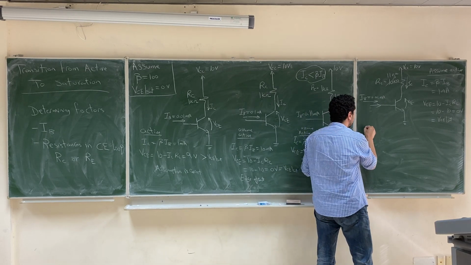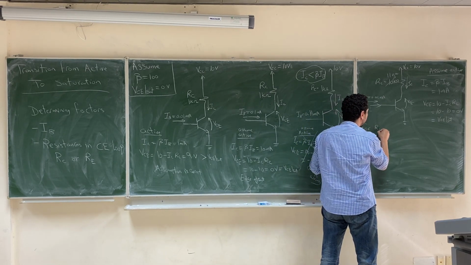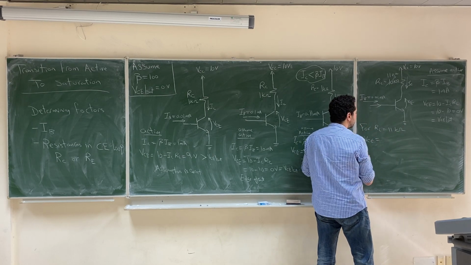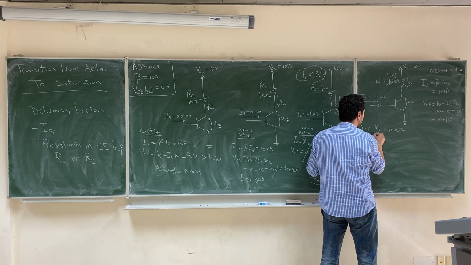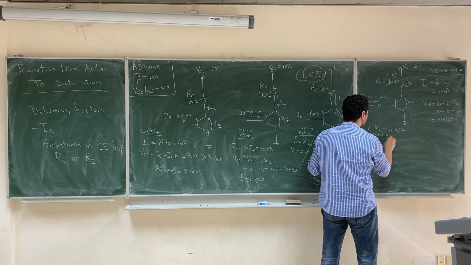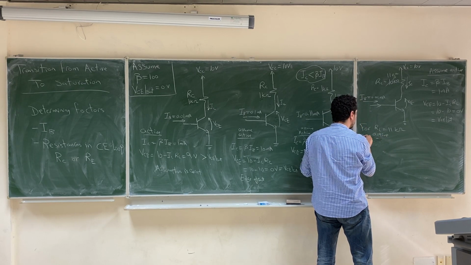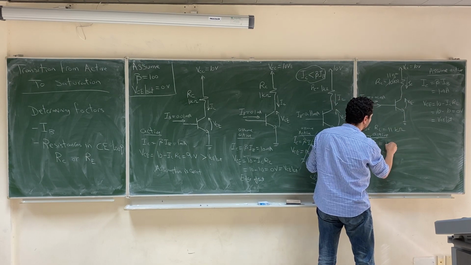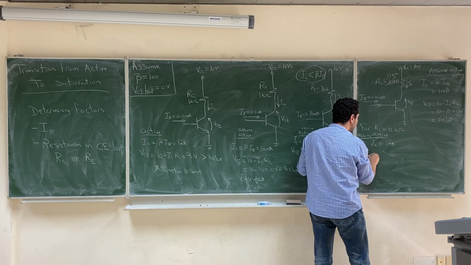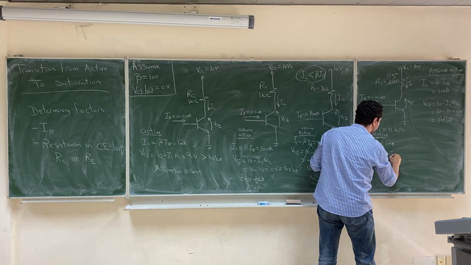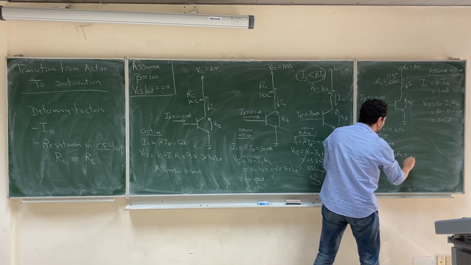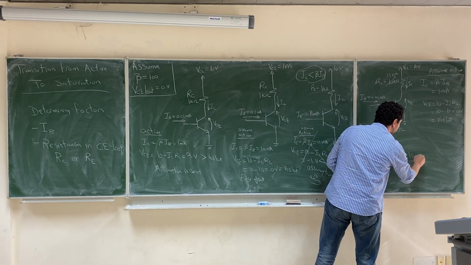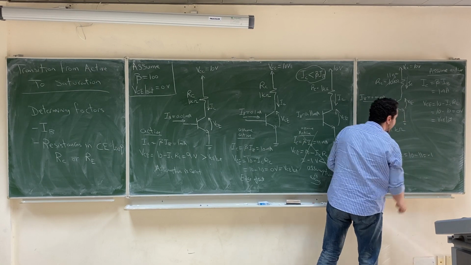Then for RC equals 11 kilo ohm, assume active, you will get the same IC, of course, 1 milliampere, and VCE will be 10 minus IC RC, which in this case will be 11. So it will be 10 minus 11, which is negative 1.